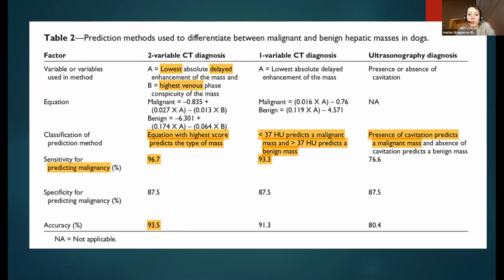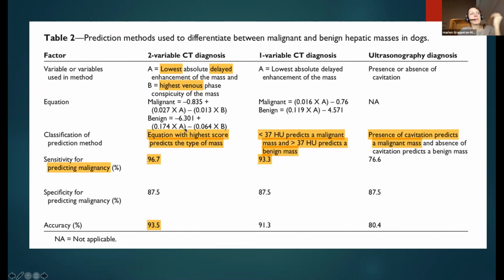That was used to correctly classify 91% of the masses, with the expectation that the mass was malignant if the result of the equation was lower than 37 Hounsfield units. The first equation, with the two variables, was the one with the highest score that could predict the type of the mass.